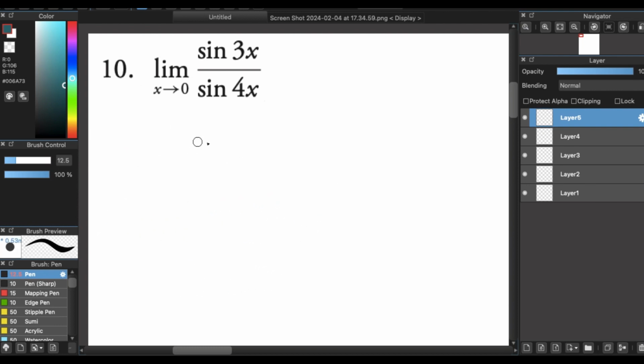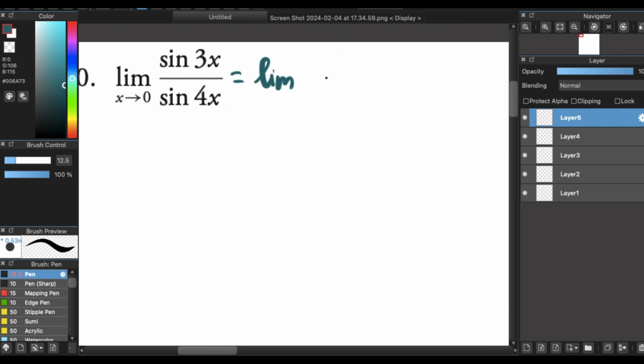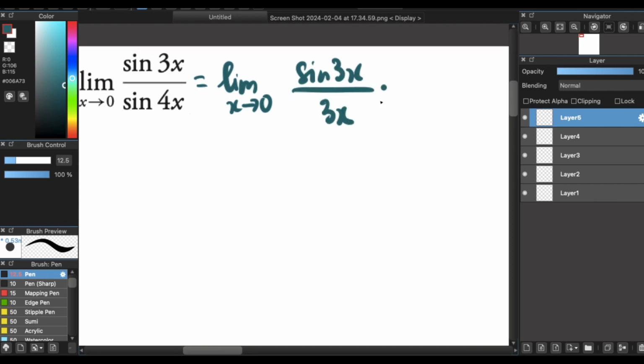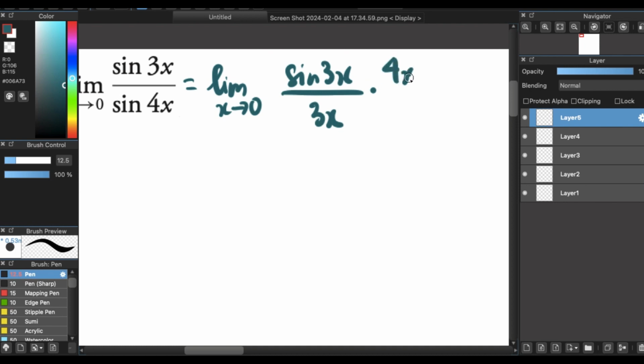So I'm going to rewrite the function right here to appear something similar to what I've just written. So we've got sine 3x over 3x, right? And now I'm going to put 4x here, so sine 4x.